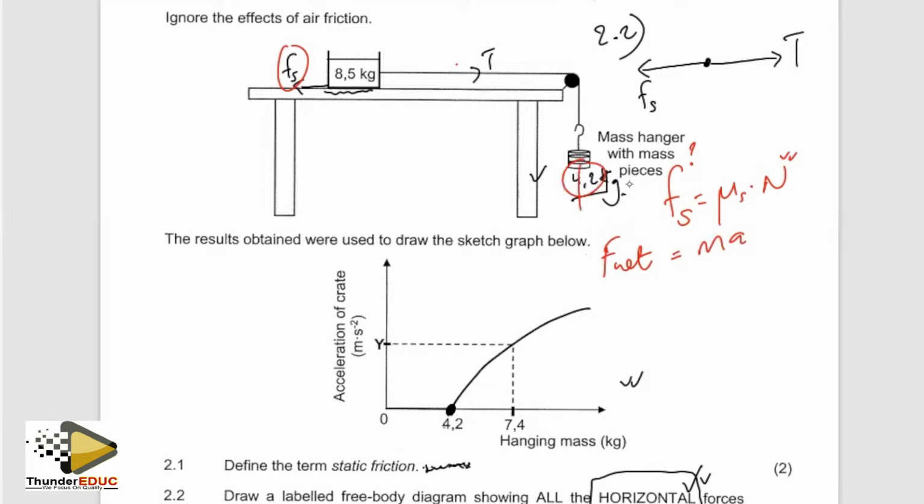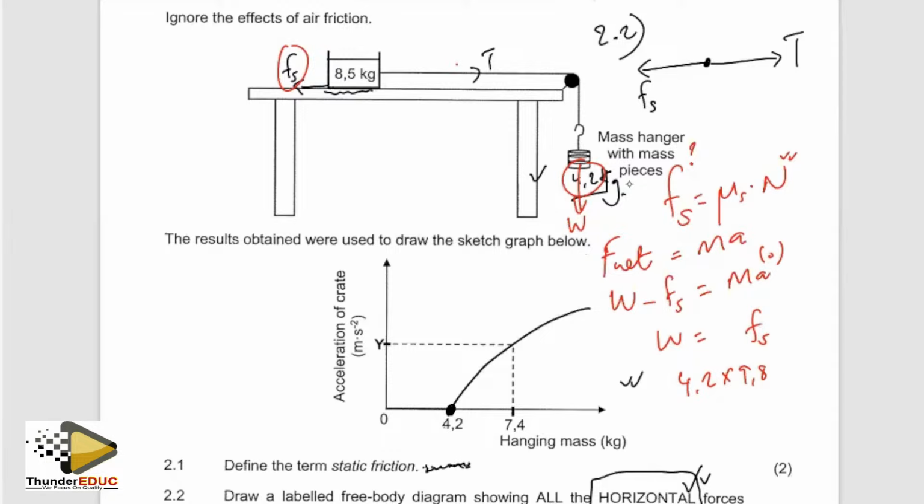If I look at the weight acting downwards, it's going to be the weight minus the Fs, which should give us the mass and the acceleration. But we know that the system is not moving, so our acceleration is going to be 0. So the weight should be equal to the static friction force, where the weight is 4.2 multiplied by 9.8.